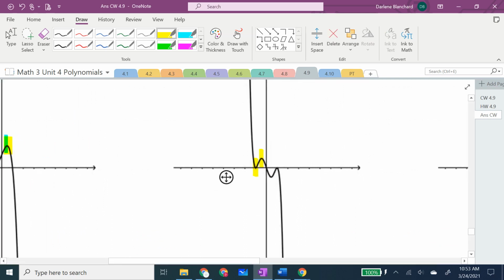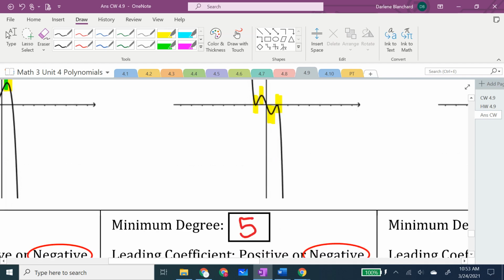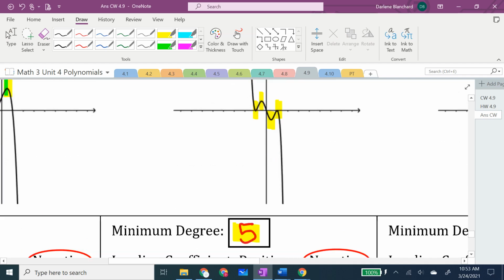Now, do you see that it's slicing? If you look right in the middle, it's slicing through 0. It's not wiggling through. So that's not going to add to the count. So I have 1, 2, 3, 4. 4 relative minimums and maximums, add 1, 5.